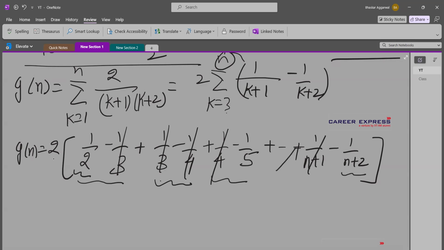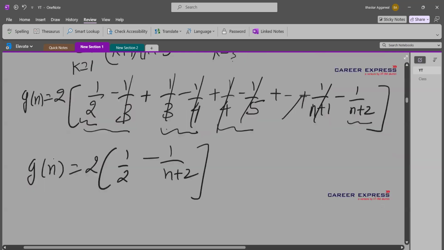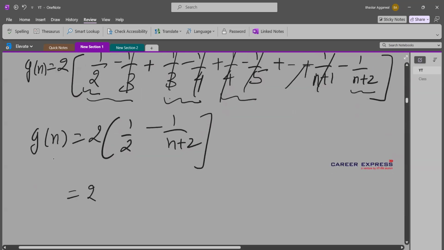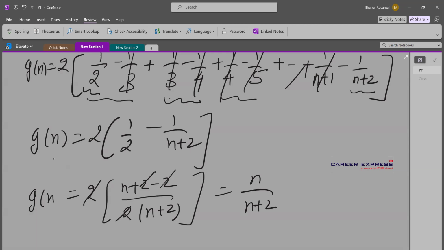Everything else will get cancelled. So gn is 2 times 1 by 2 minus 1 upon n plus 2. This can be simplified: n plus 2 minus 2 upon 2 times n plus 2, so n upon n plus 2. So gn is only this much.